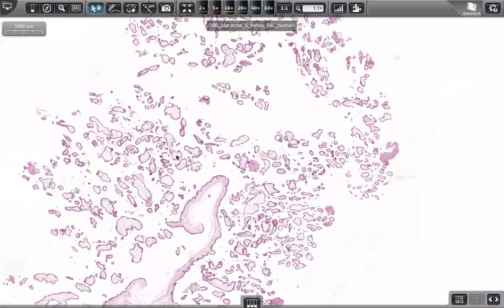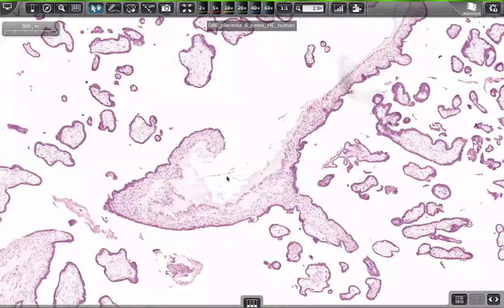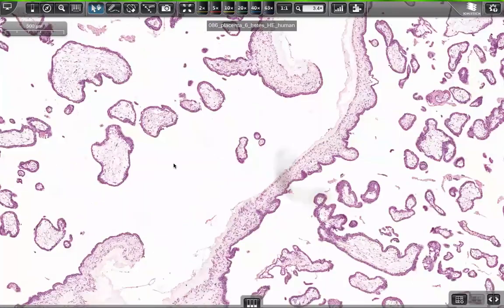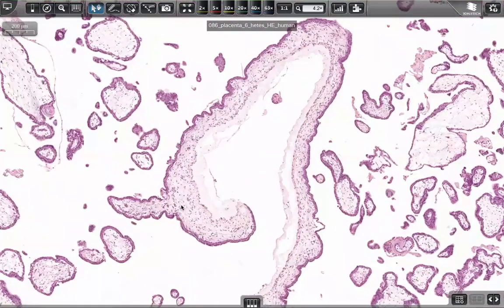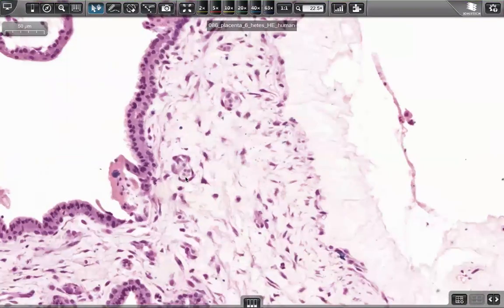So tertiary villi represent fetal vessels inside the mesenchymal core and surrounded by trophoblast cells. So when we are looking at a bigger villus, for example, here or maybe there, here we have some capillaries. Here we have some capillaries. These kinds of villi are tertiary villi.